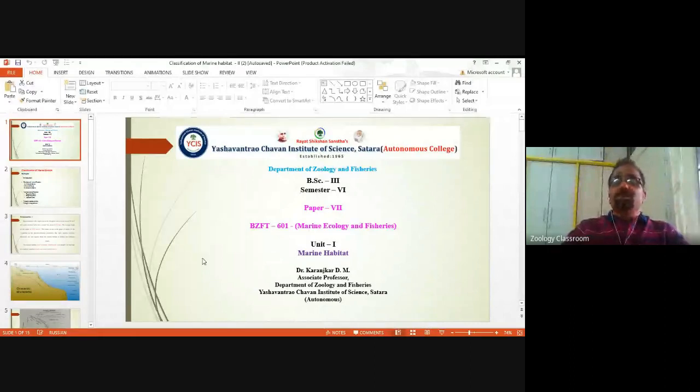Now we are dealing with unit number one. We have already discussed the topics and subtopics which come under the main heading marine habitat. We have discussed the physical characteristics.